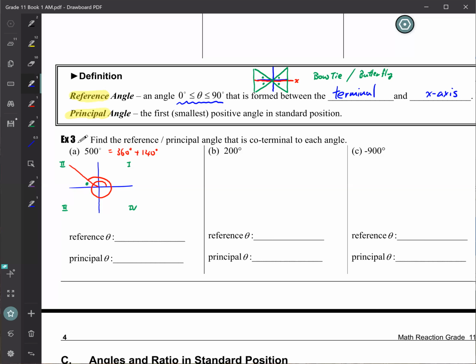Anyone has trouble finding a green dot? You can ask me. But if you finish, you can raise your hand.